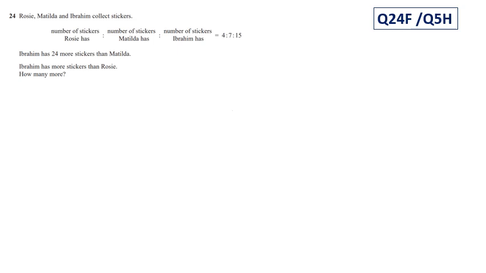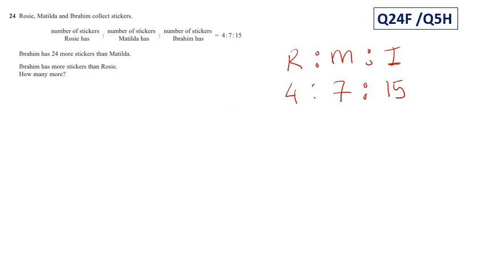Now, to start this question, we're going to write this ratio in a format that's easier for us to recognize. So Rosie to Matilda to Ibrahim is in the ratio of 4 to 7 to 15. Now we're going to use a box diagram to solve this.